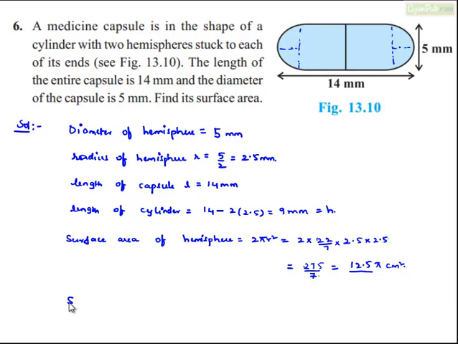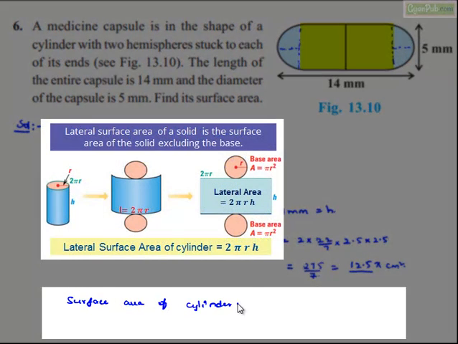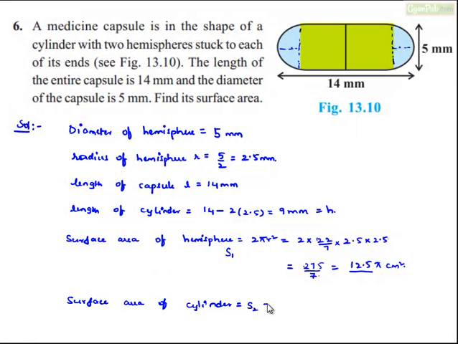Now let us also find the lateral surface area of the cylinder. Let this be S1 for the hemisphere and S2 for the cylinder, that is equal to 2 pi r h, that is 2 times pi, and radius 2.5, and the length of the cylinder is 9, that is 2 times 2.5 is 5 and 5 times 9 is 45 pi centimeter square.